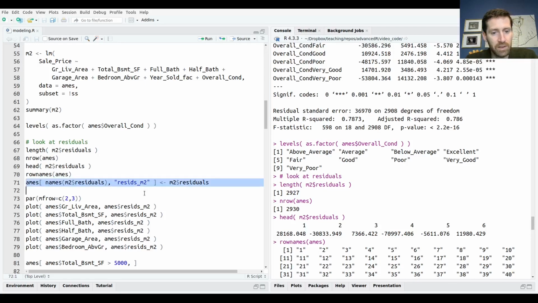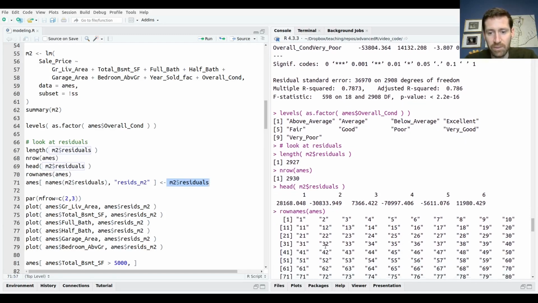And so you can do an assignment like this. I'm going to add a column to the Ames data frame. I'm going to call it resids M2. And the rows that I'm going to insert them at are the names of M2 residuals. So basically it's going to skip.